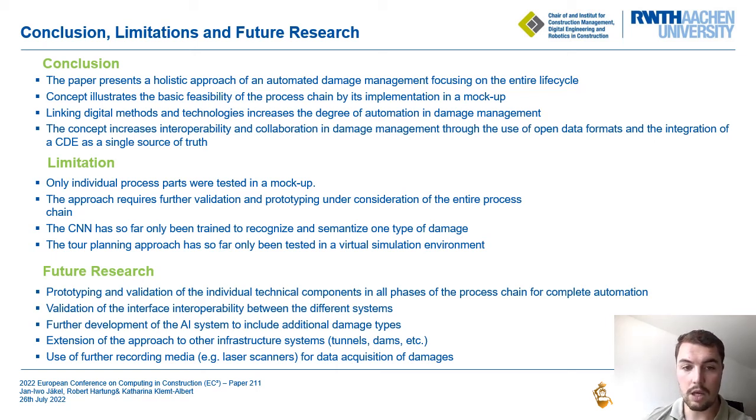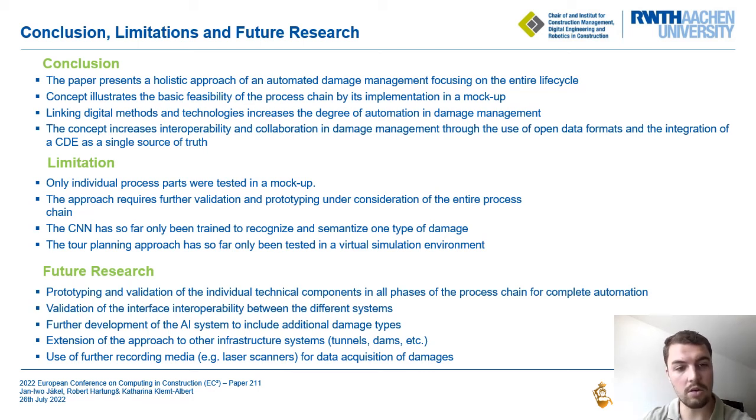Till now, we just implemented the individual process paths in a mockup and tested them, but as a limitation of the concept, we need to mention that there's no validation of the whole system yet. It's just a concept with a small mockup, so we need to validate the whole concept by prototyping it under consideration of all interfaces and the whole process chain.